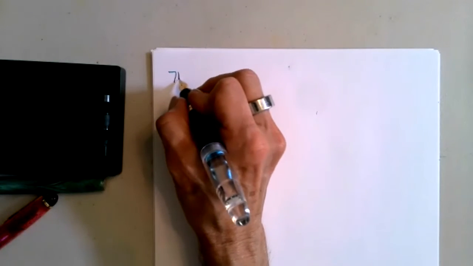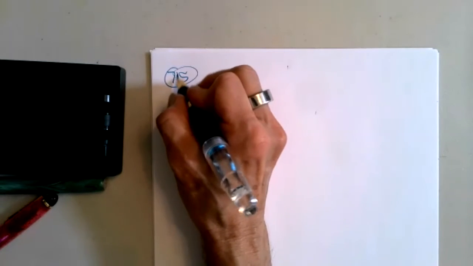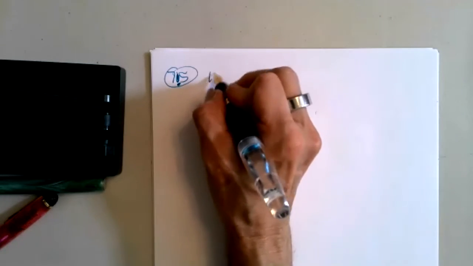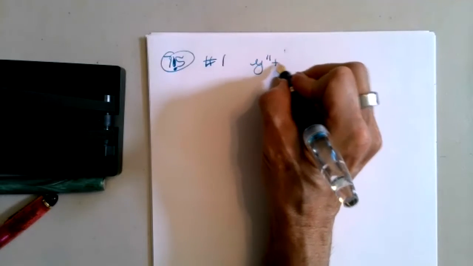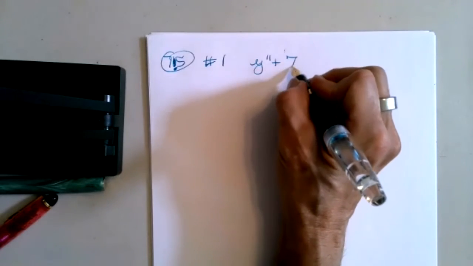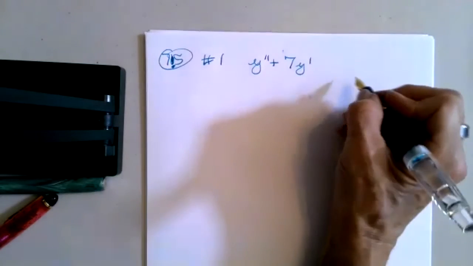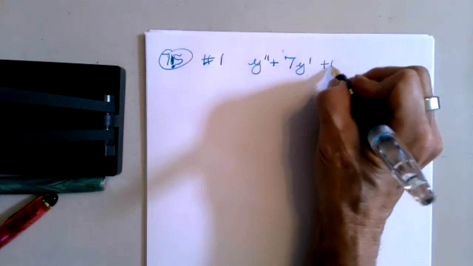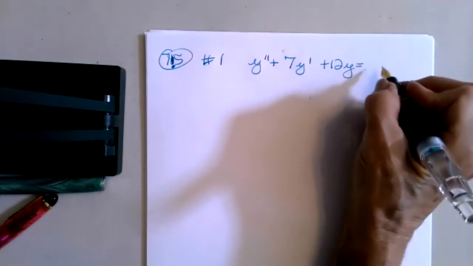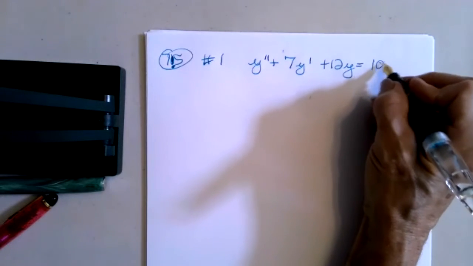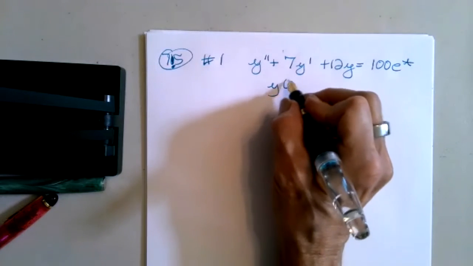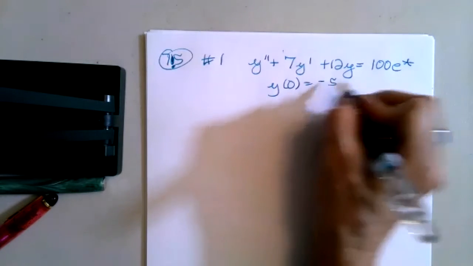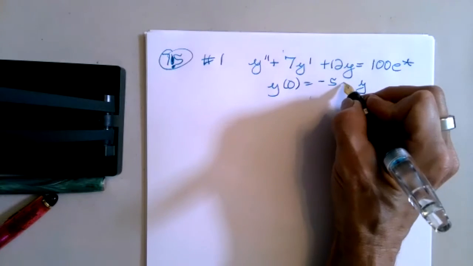So this is 7.5, number 1. You have y double prime plus 7y prime plus 12y is equal to 100 e to the t. And y of 0 is minus 5, and y prime at 0 is 39.